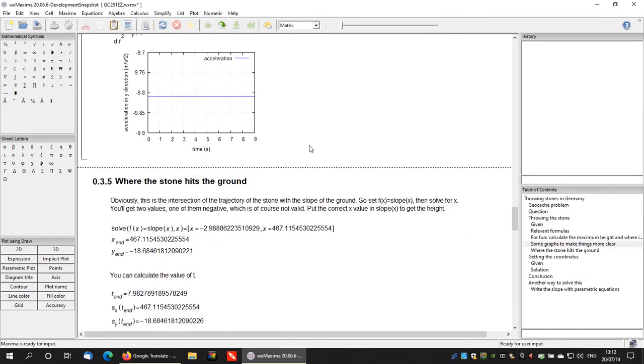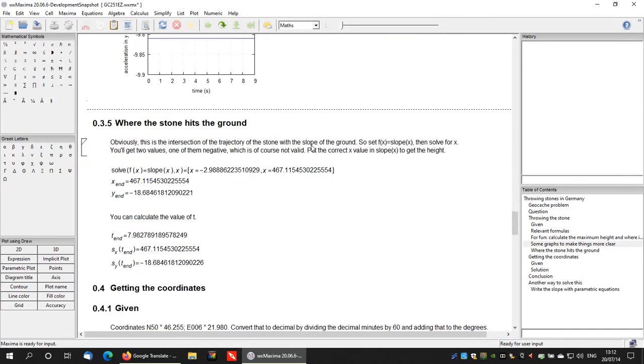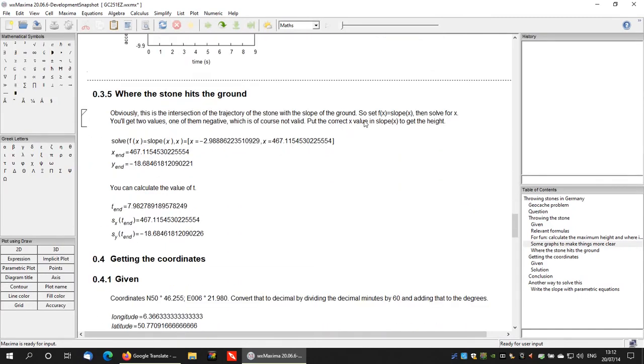So where the stone hits the ground obviously is where f(x) is equal to the slope of x. So you have to put them equal and then solve for x, which will give you two values, a negative one, which is obviously nonsense, you go back in time then, and a positive one, which is 467 meters and a bit.